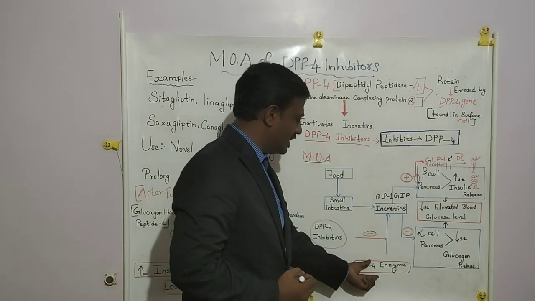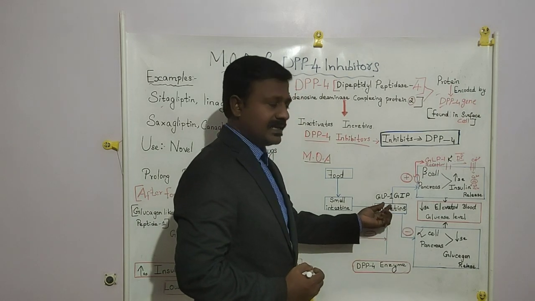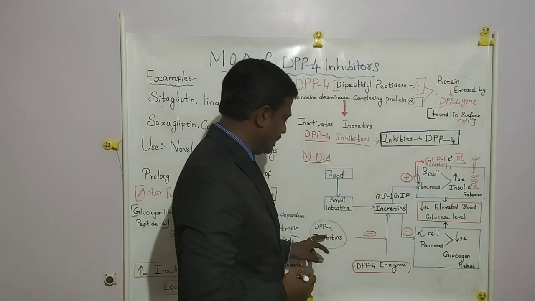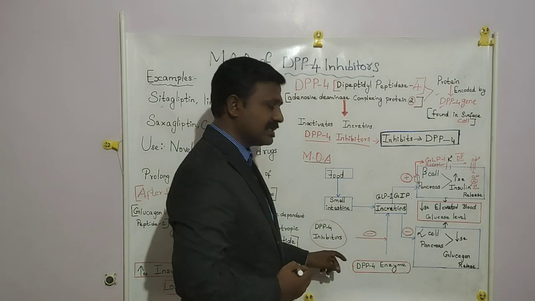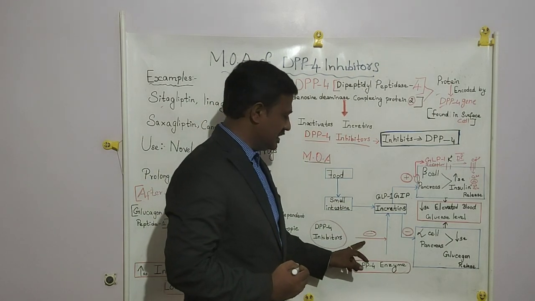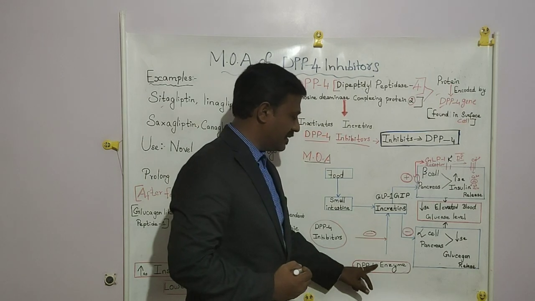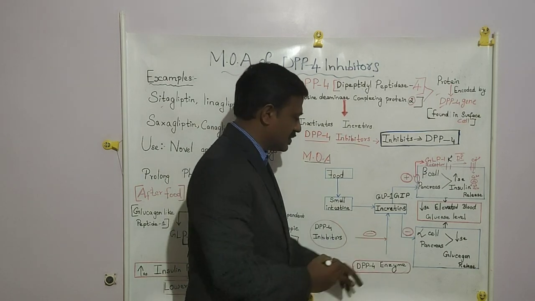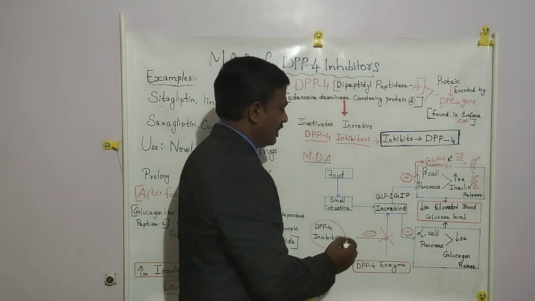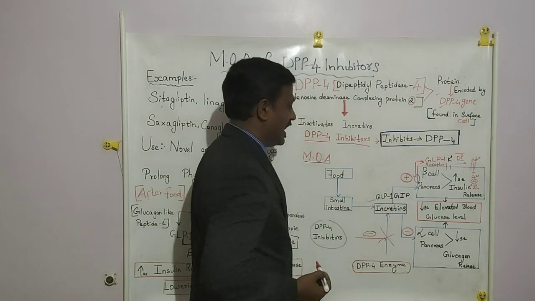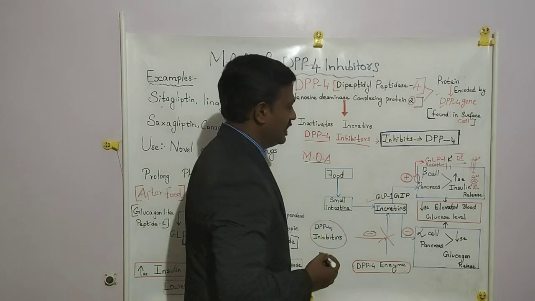The DPP4 enzyme degrades the incretins after their functions. So it is inhibited by our DPP4 inhibitors. They inhibit the DPP4 enzyme. So once this DPP4 enzyme is inhibited, the incretin actions will be prolonged.